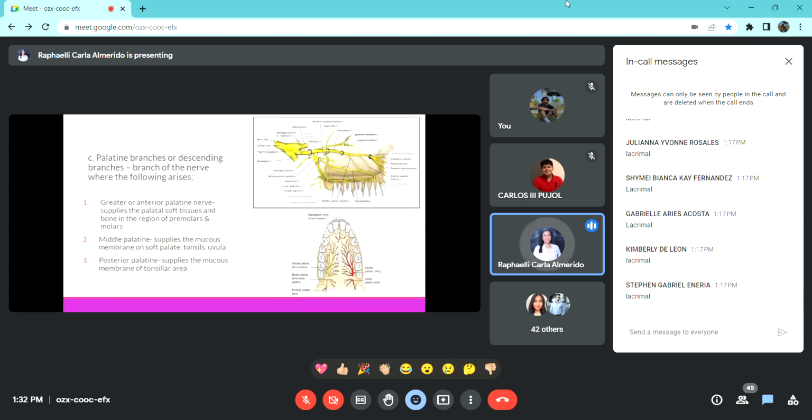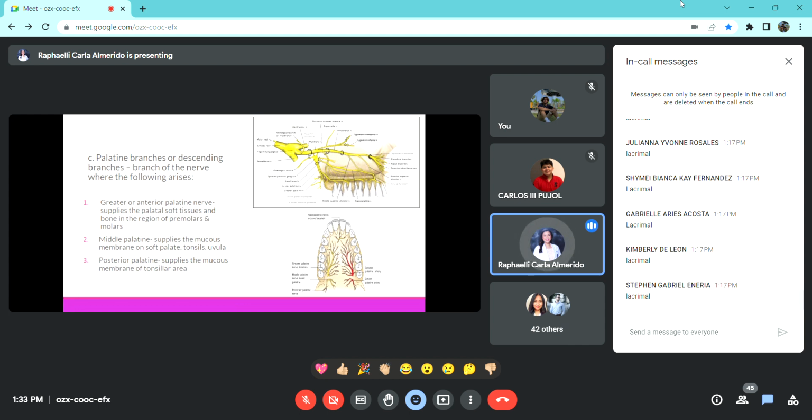So, for example, when you go to your higher level subjects like oral surgery or anesthesiology, I hope you will remember these nerves. Kasi for example, you are to extract a premolar. So the question will be, what are the nerves that we are anesthetizing when we are extracting a premolar tooth?